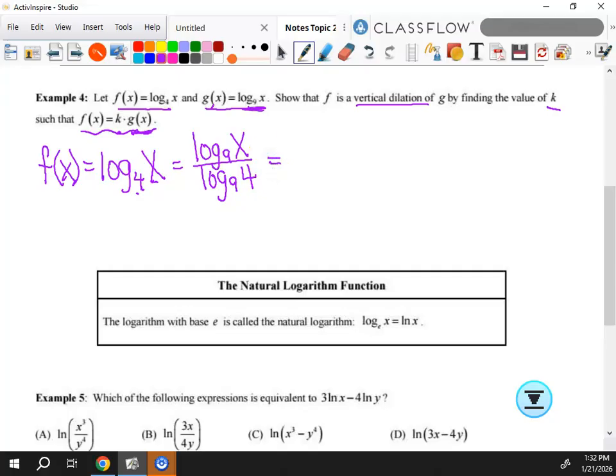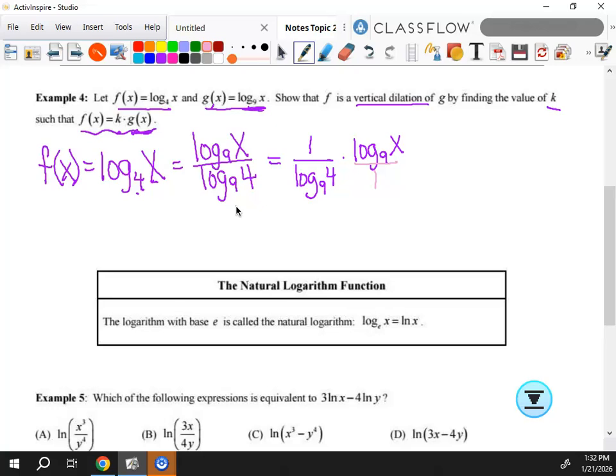This is just basic number fraction properties. You can rewrite this as 1 over log base 9 of 4 times log base 9 of x. You see how I just split my fraction? If I think about this being over 1, then I would just multiply them back together and get back right here.